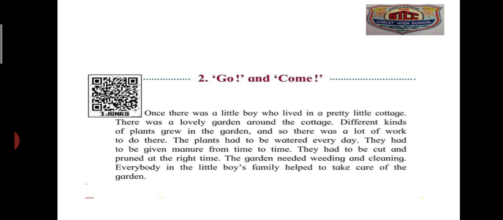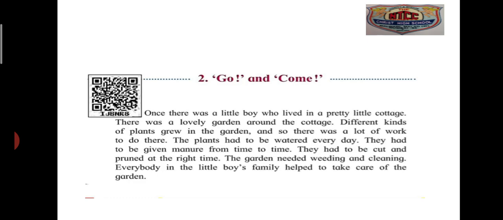Now, what is manure, children? Manure is a material mixed with soil to help plants grow. So, manure is material mixed with soil to help plants grow. And then they had to be cut and pruned at the right time.